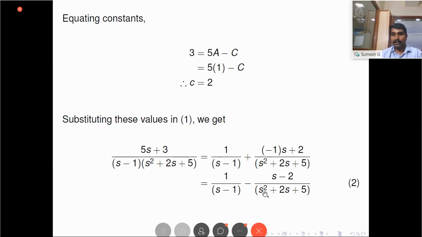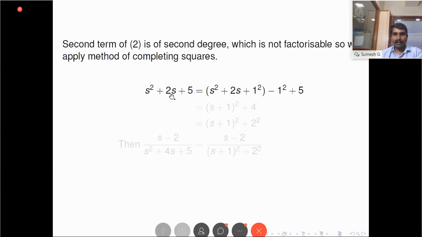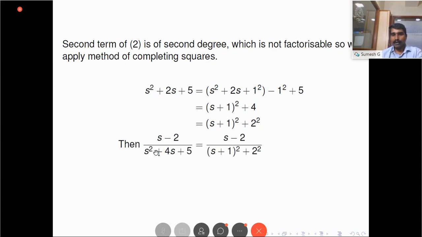First we have to convert this expression into a square format by applying the method of completing squares. It becomes s plus 1 whole square plus 2 square. So s minus 2 by s square plus 4s plus 5 is equal to s minus 2 divided by s plus 1 whole square plus 2 square.